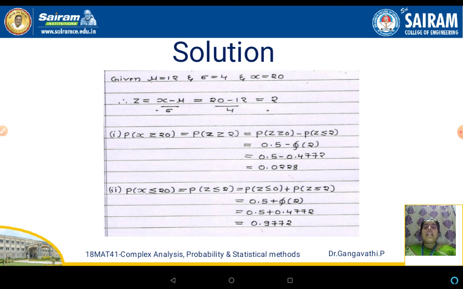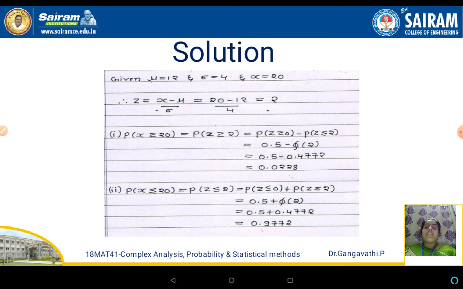The normal variate expression is z equal to x minus mu by sigma, and substituting 20 for x, and mu as well as sigma, we get z equal to 2. So we have obtained the value of z. Consider the first question: your normal variate starts from 2. That is the meaning here.